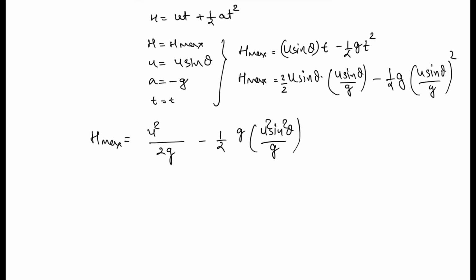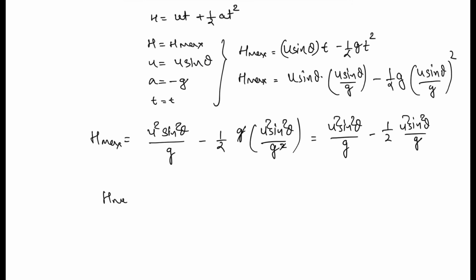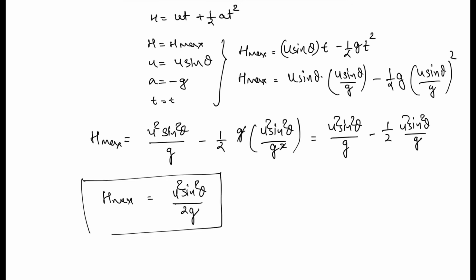So we do not have to multiply with 2. Just simply write u square sin square theta divided by g. Here g and g square cancel, so u square sin square theta divided by g minus half u square sin square theta by g. So h max is equal to u square sin square theta divided by 2g. This is another important equation for maximum height.